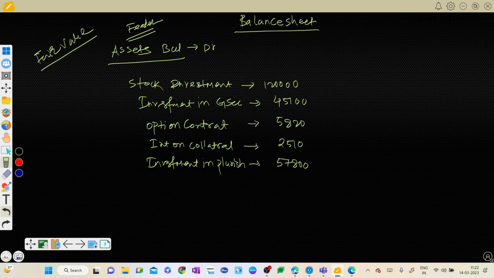Prepaid director fees, 5784. Then dividend receivable.